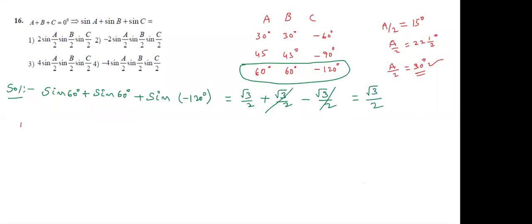Now I am going to verify the first option. See 2 sine A by 2. A means 60. 60 by 2 how much, friends? 30. Sine 30.